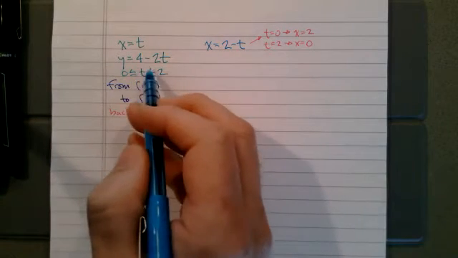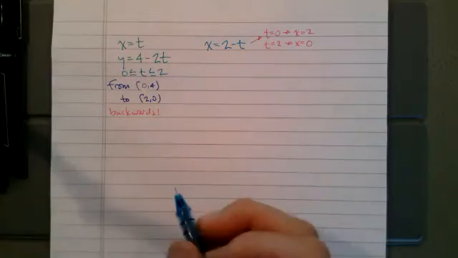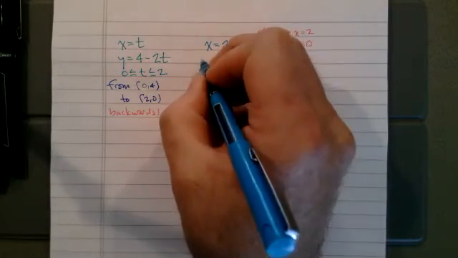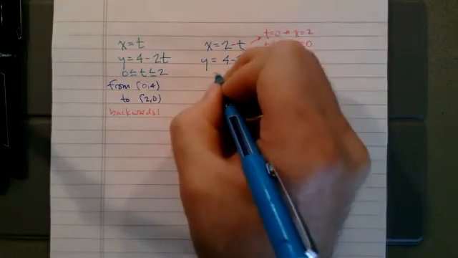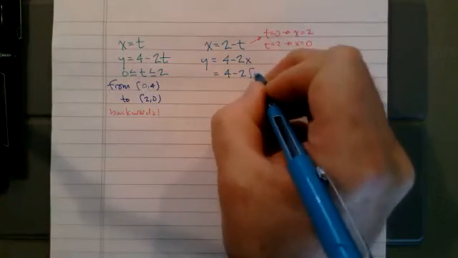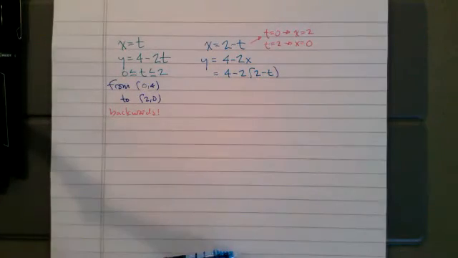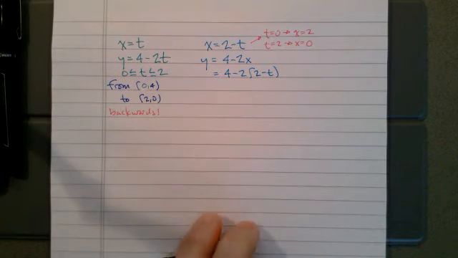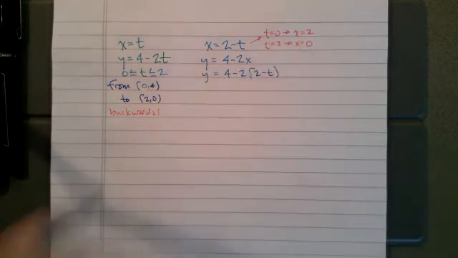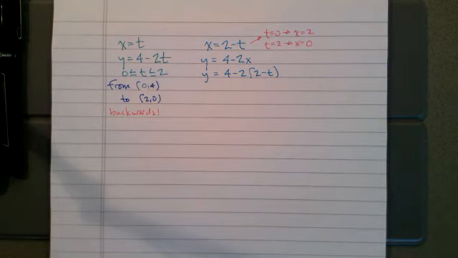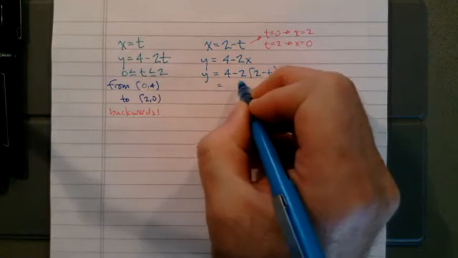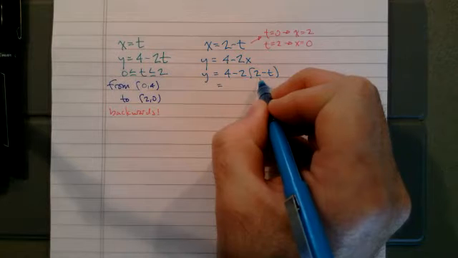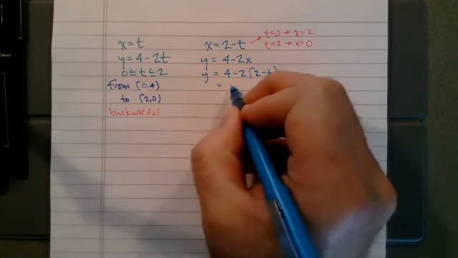Since y is equal to 4 minus 2x, and x is now 2 minus t, I can just write y is equal to 4 minus 2 times 2 minus t. Start with your function and replace with the parameterization, which we can simplify to 4 minus 4 plus 2t.